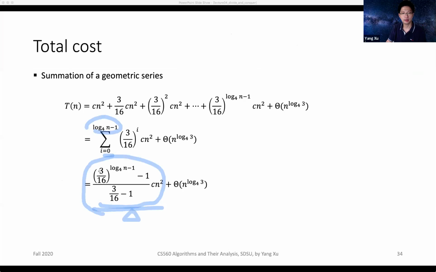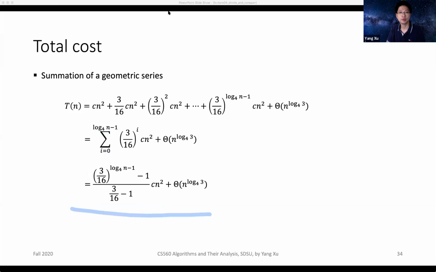This term has a limit value: when n is very big, this item here will disappear. So now we have the analytical solution for T of n. The solution looks like this, and now we just need to consider the upper bound of it.